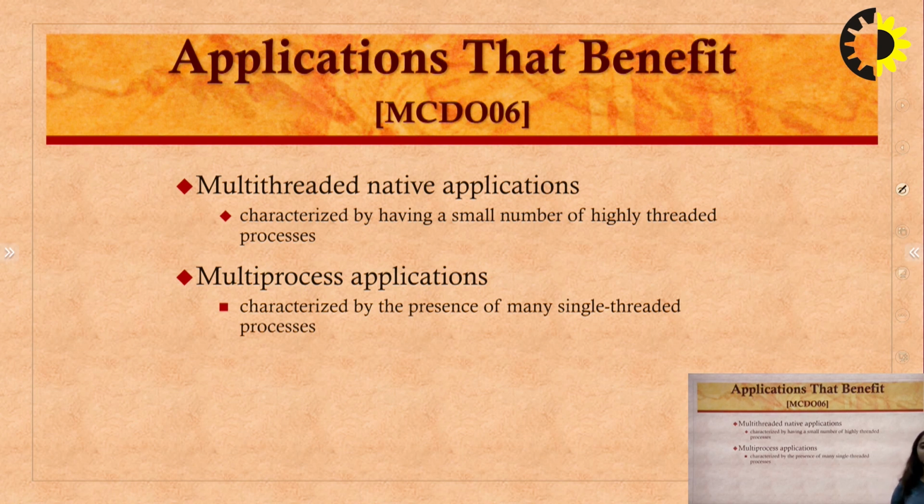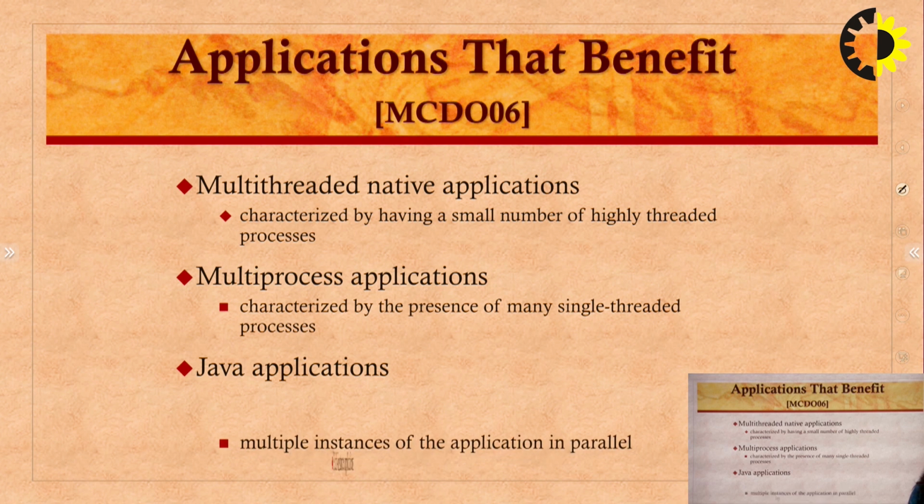The first is multithreaded native applications, and the second is multi-process applications. Multi-process applications are characterized by the presence of many single-threaded processes, while multithreaded native applications have a small number of highly threaded processes. The third one is Java applications.